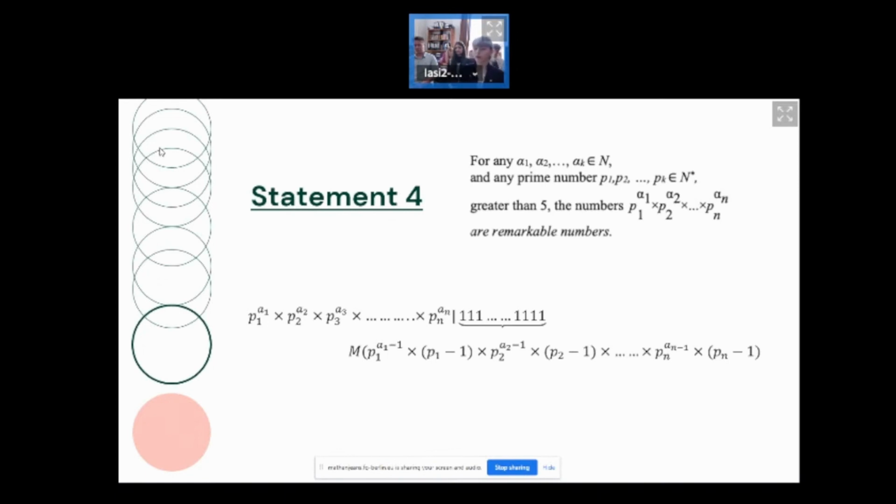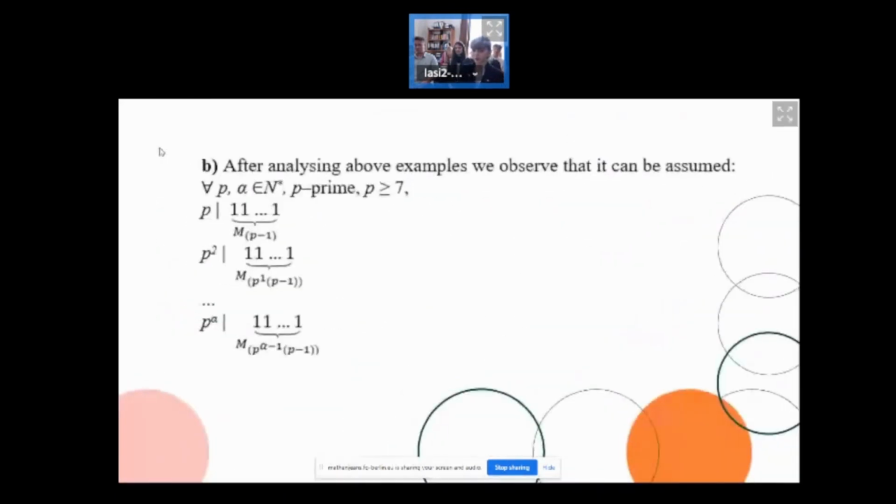So we found out that this is true because using what we found here, that p to the power a divides 111 taken a multiple of p to the power a minus 1 multiplied by p minus 1.